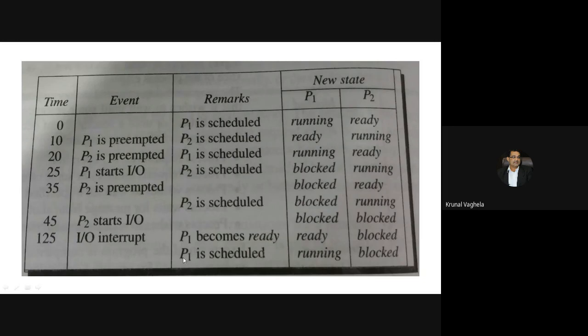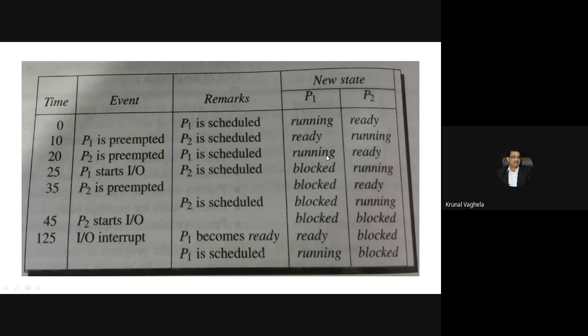And now when P1 is scheduled, it is running and P2 is blocked. For example, after some time, the IO interrupt for which P2 is waiting will happen. So P1 is running and P2 is now ready. And then the scheduler will decide, P1 will be ready and P2 will be running.